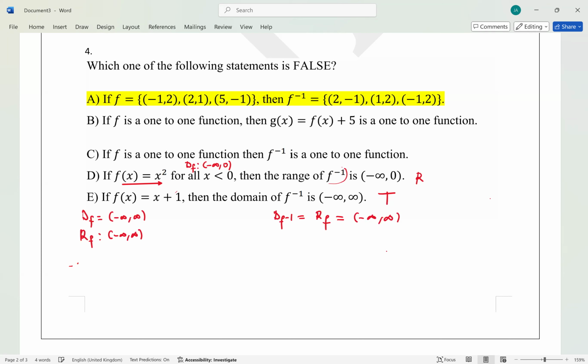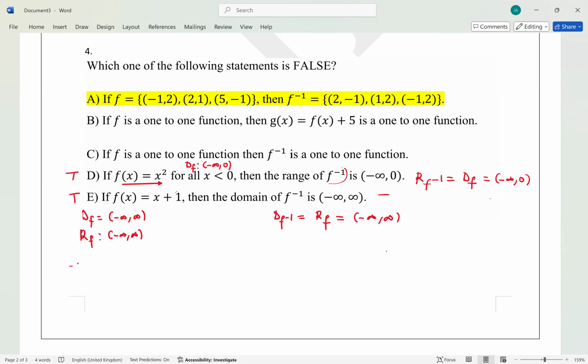What is the range of f inverse? It's also going to be the domain of f, which is still going to be minus infinity to 0. So this is also true, right? Let me write the true here. So this is true. This is also true.